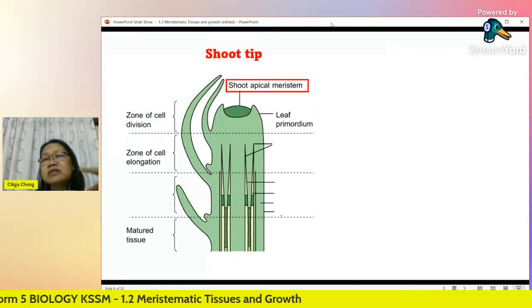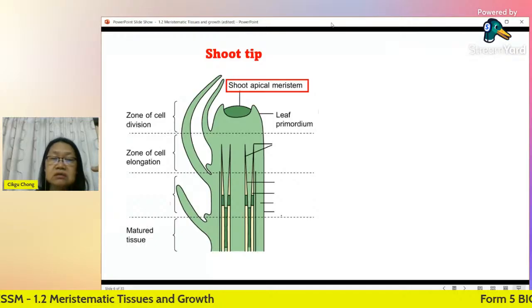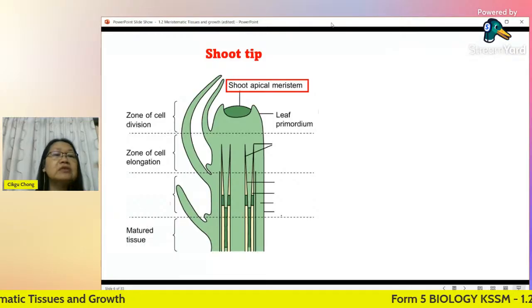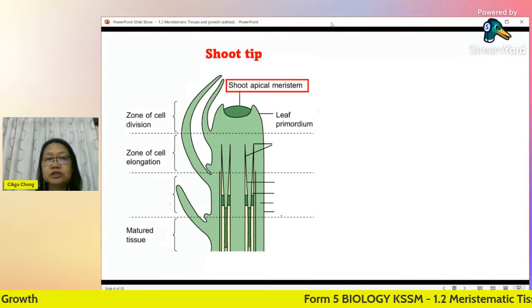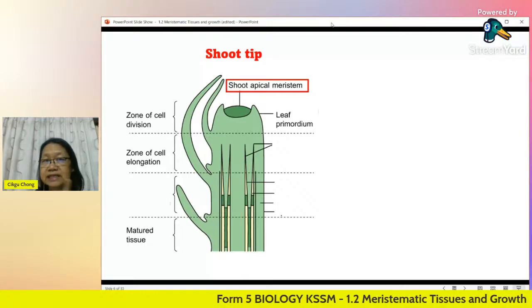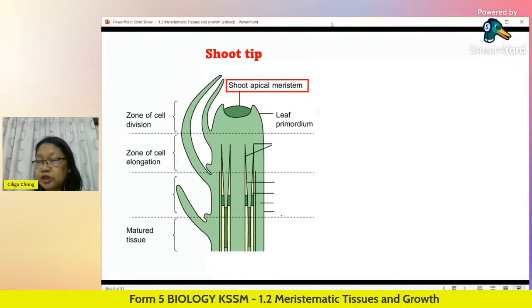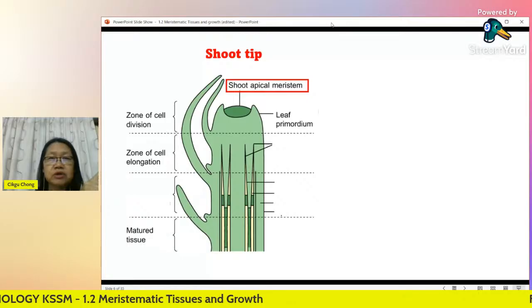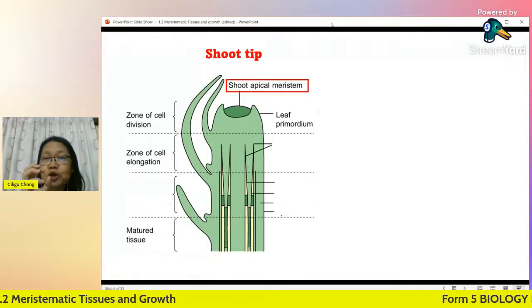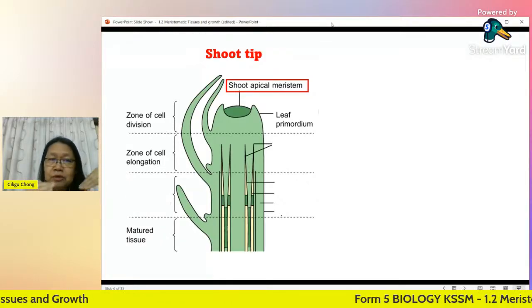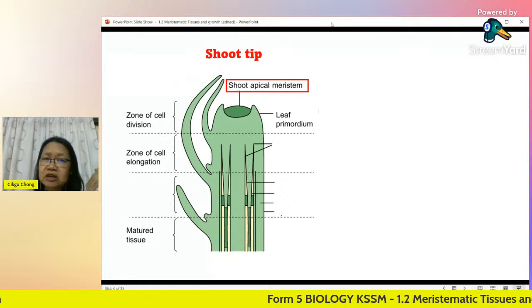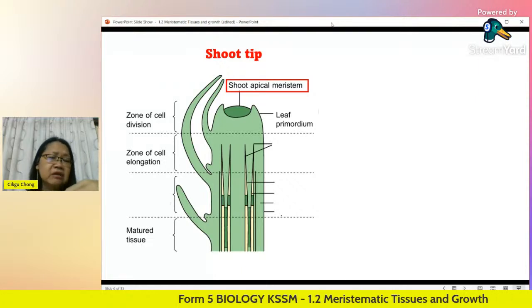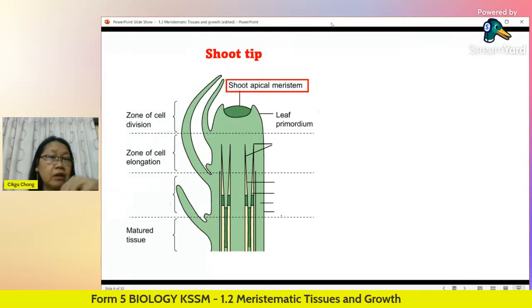In this area, you will find that the cells are actually longer in length compared to the zone of cell division. The cells in the zone of cell division are more squarish, more cuboidal, cube shape, compared to the zone of cell elongation, which has cells of a more rectangular shape, longer.